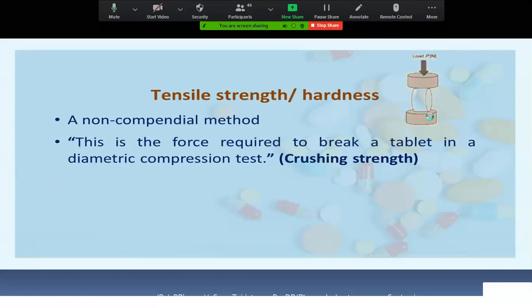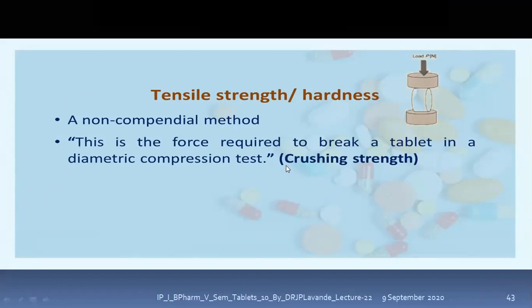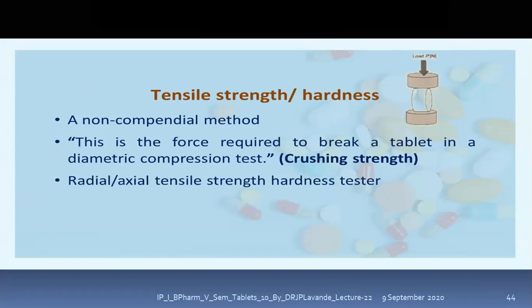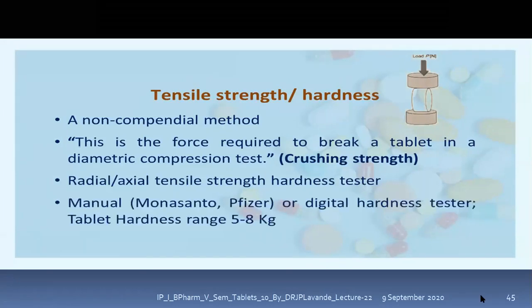If the tablet is a circle, then the largest diameter is considered, and that is the crushing strength. So the force or the amount of pressure which is required is called the crushing strength. So radial or axial tensile strength is what is measured in the case of the hardness tester.